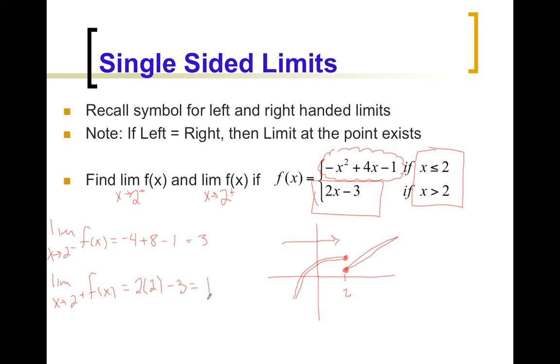Are these two things equal? Of course not. That means if we were to ask this question, what is the limit of f of x as x approaches 2? Well, because it's different on either side, we're going to say it does not exist.